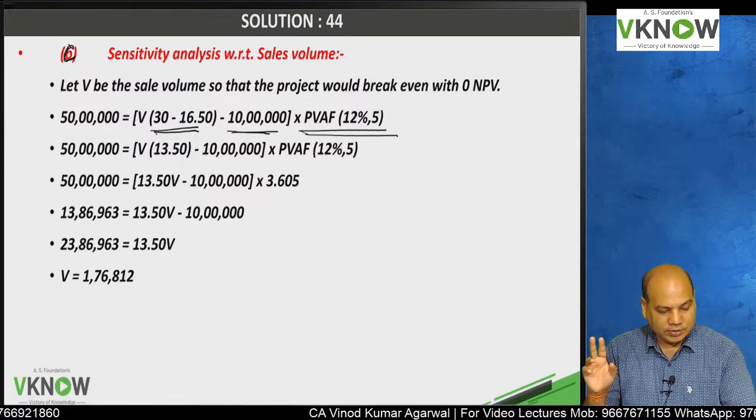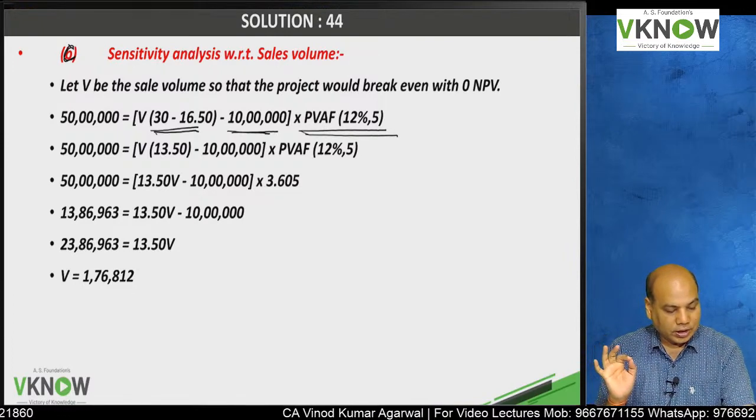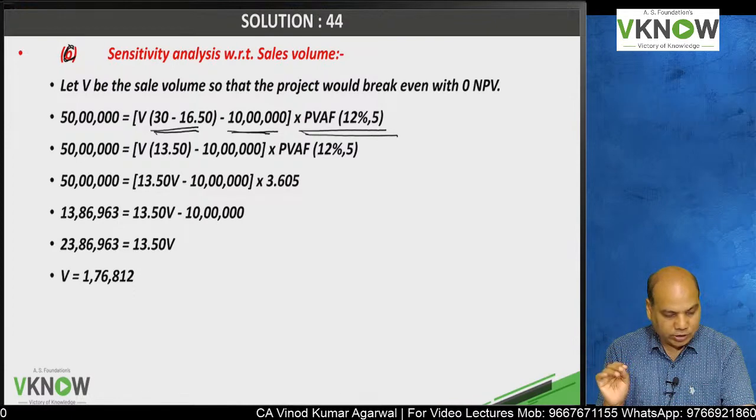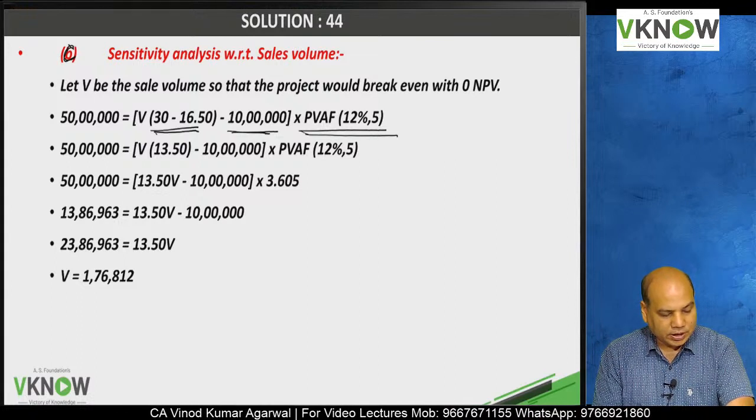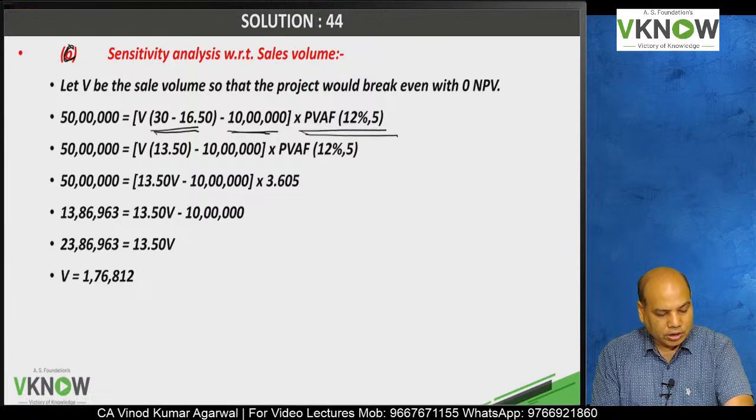One last part of the question. Let us read the last part of the question again. On further investigation, it is found that there is a significant chance that the expected sales volume of 2 lakh units per year will not be achieved.